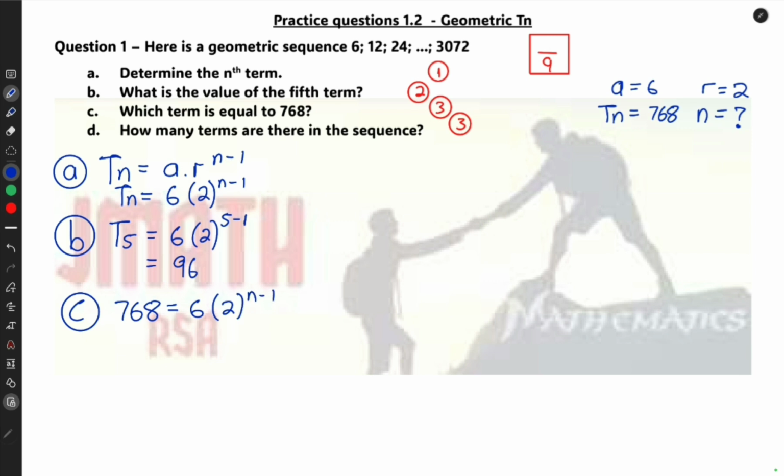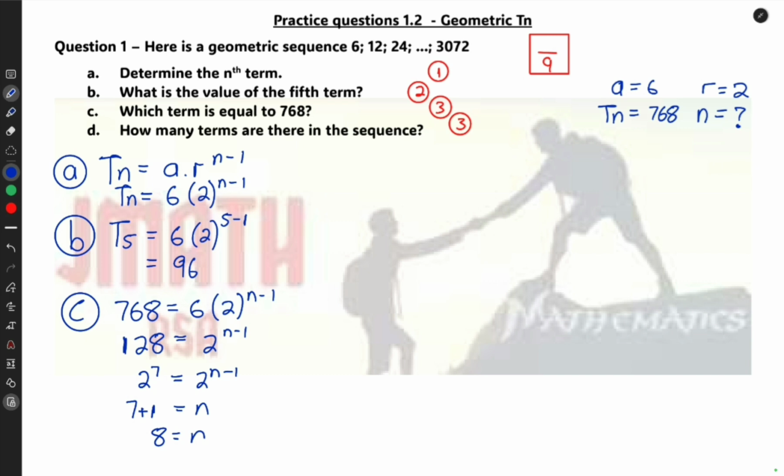Going to divide both sides by 6 to start off with. 128 is equal to 2 to the power n minus 1. Now please use the shift fact button on your calculator and you will see 128 equals 2 to the power 7. And then the bases are the same, so I can drop them. So 7 plus 1 is equal to n. Therefore, 768 is the 8th term in this sequence.